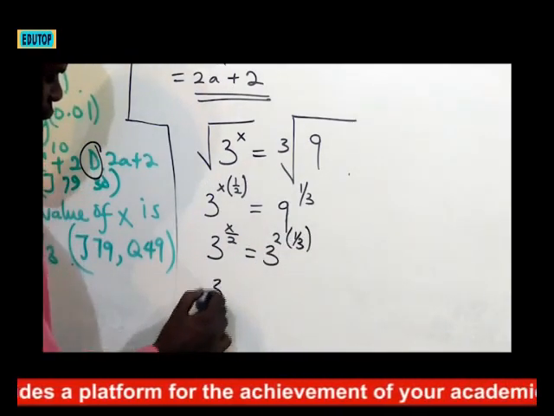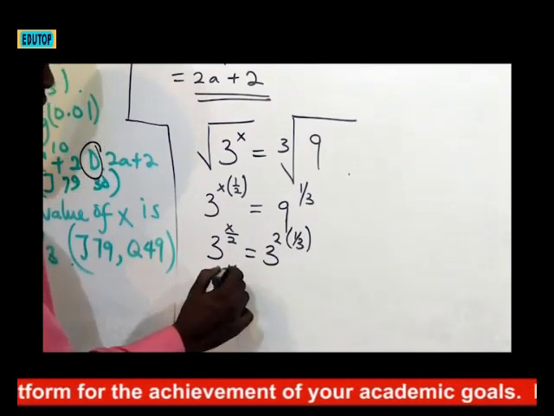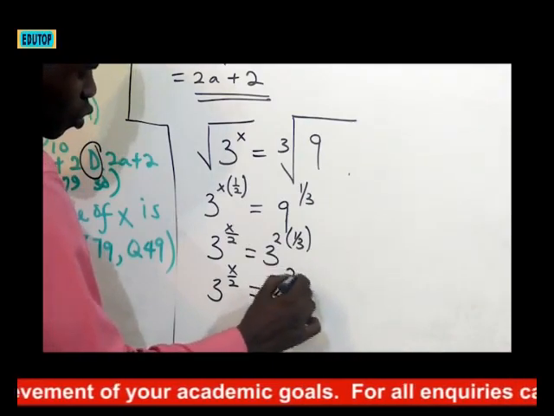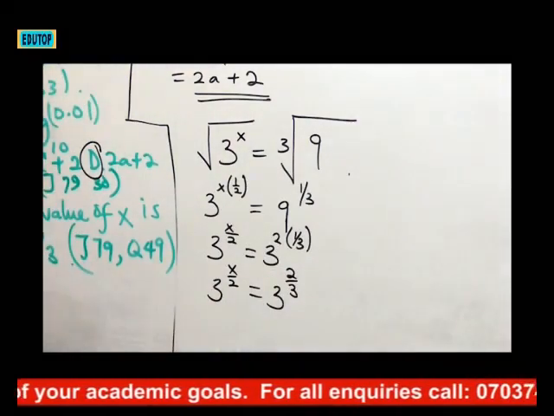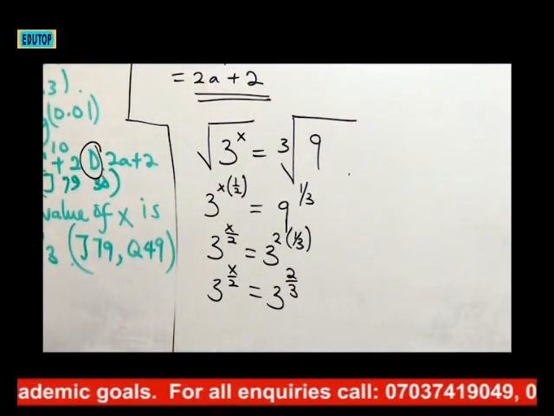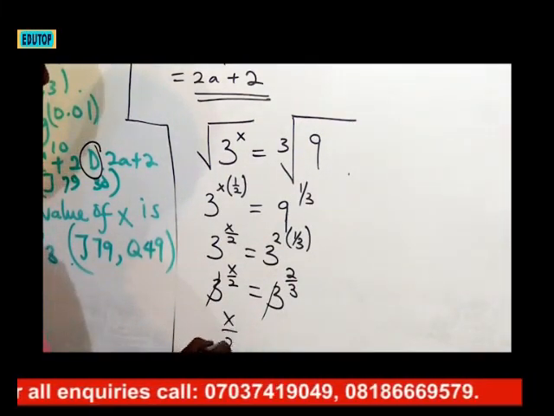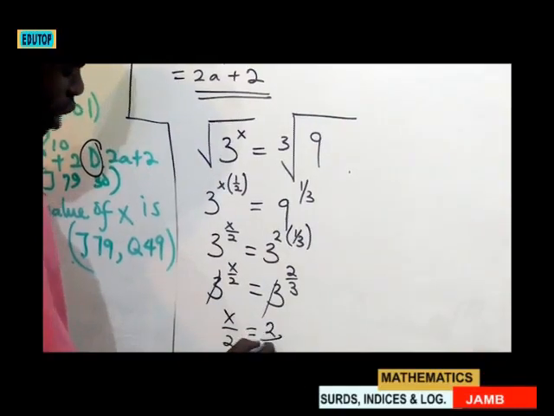So 3 raised to power 2 times 1 over 3, so 2 over 3. So by equating the base, this one will go. Then I have x over 2 equals to 2 over 3.